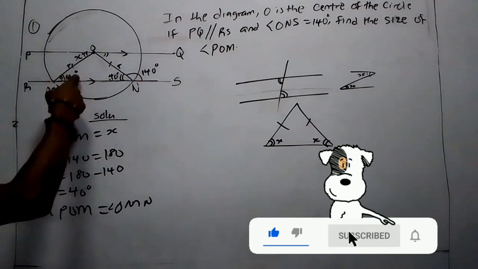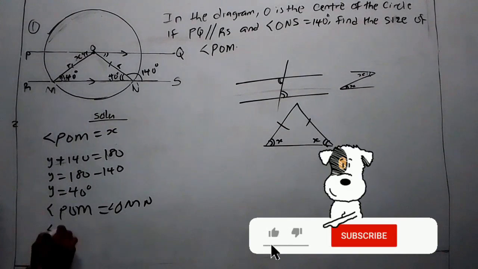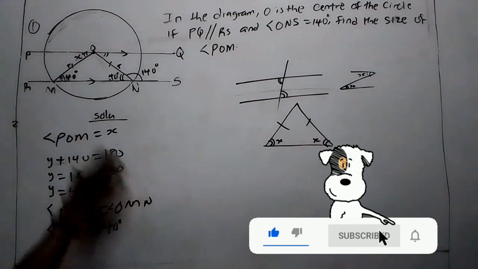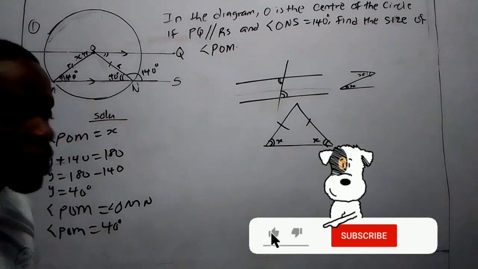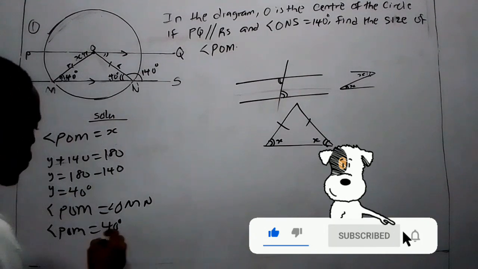This place is equal to this because they are alternate angles. Therefore our angle POM is equal to 40 degrees, because they are alternate angles. So our answer to this question is 40 degrees.